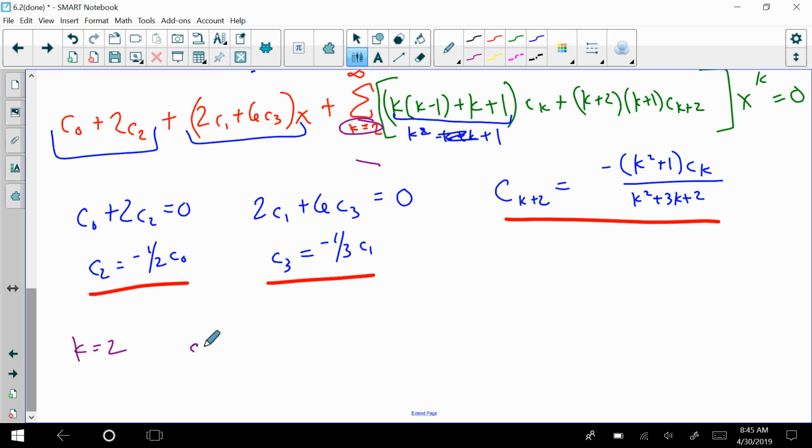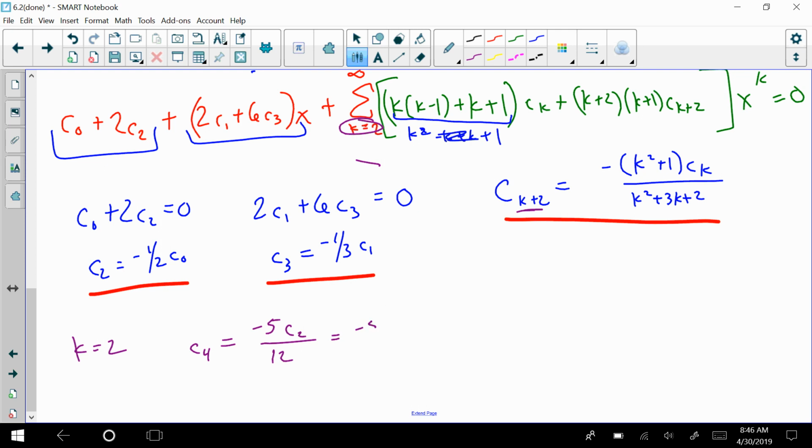So then that would be c sub 4 for this one right here, and that would equal, well, plug in 2, that's 4, that's a 5, it's a negative 5 c sub 2 divided by, well, this would be a 4 plus 6 plus 2, so that's 12.